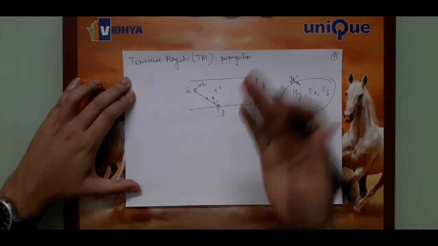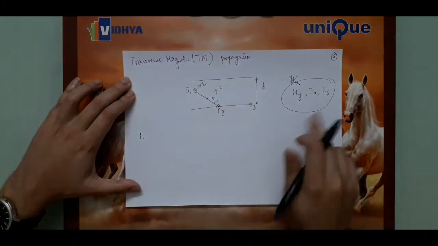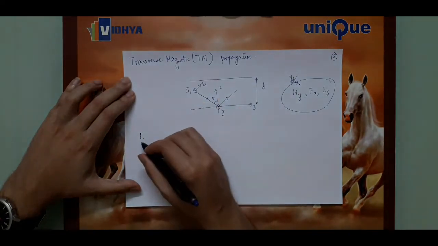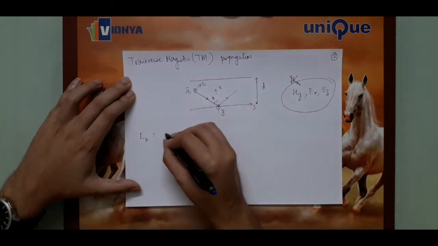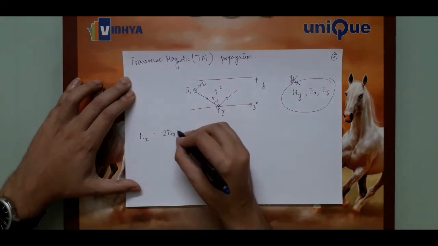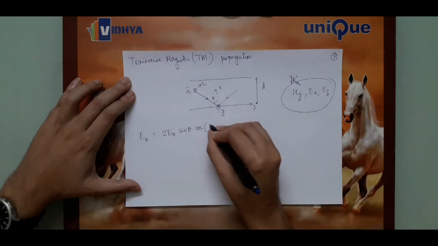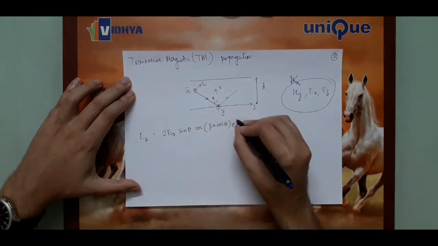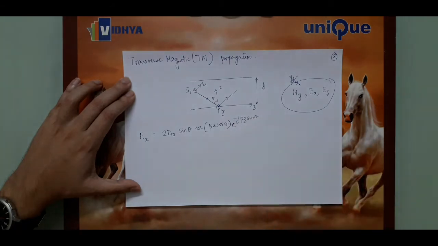You can very easily prove using direction cosines and other things that the total electric field in the dielectric, because of the reflections and the incident wave, would be something like this. Ex is something you can prove.